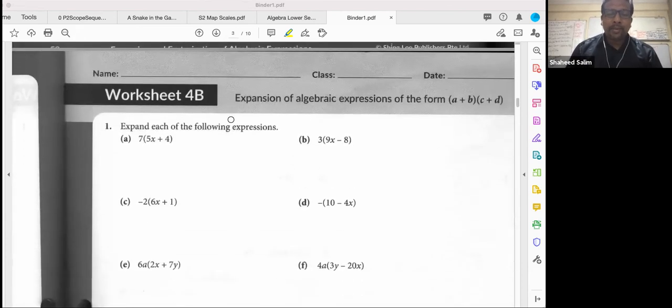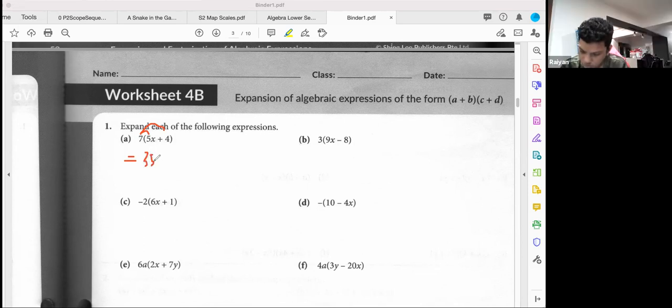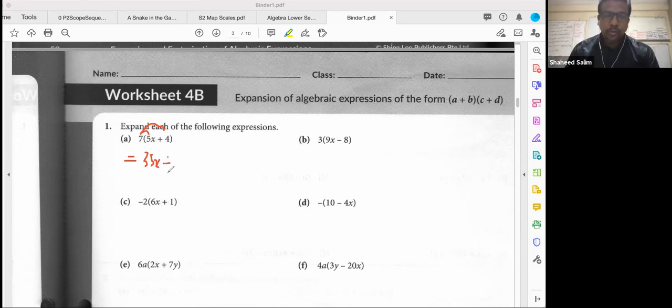Okay, this one now. Now we move on because all these will be tested. Remember, you need to times and then times. First one now. What's your answer? X. Plus 28, correct.